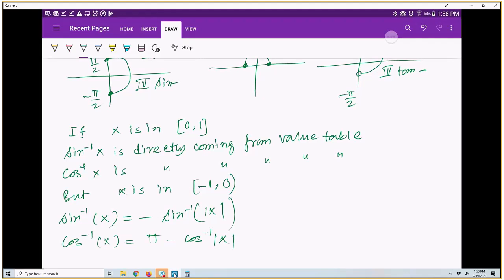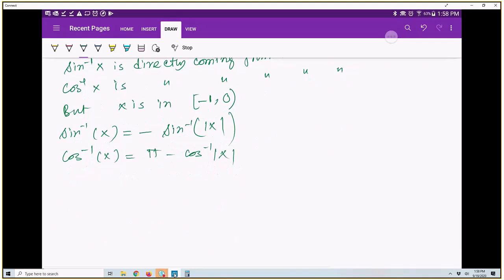Now for tangent, remember tangent doesn't have to be restricted. It is all real numbers.